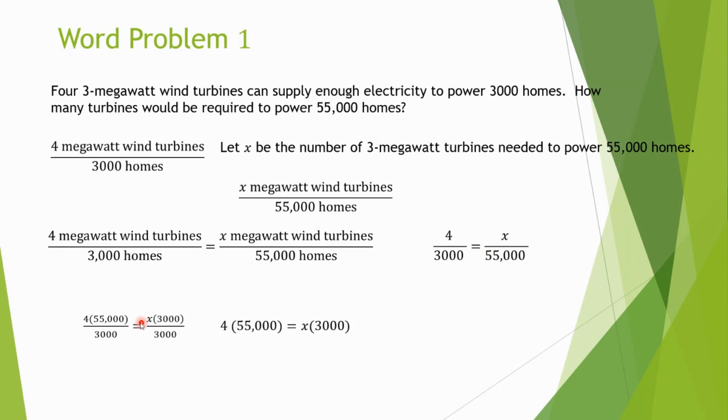And then this step, I know it goes backwards a bit, sorry about that, but we're dividing by 3,000 to get X. And it turns out when you do this calculation, you get about 73.33, and I rounded it to 0 decimal points because we're looking for the number of turbines. So I just wrote 3 megawatt turbines. That's what I did. Again, I would tell you how many decimal points to round to.